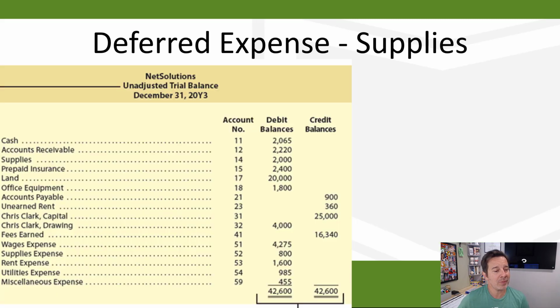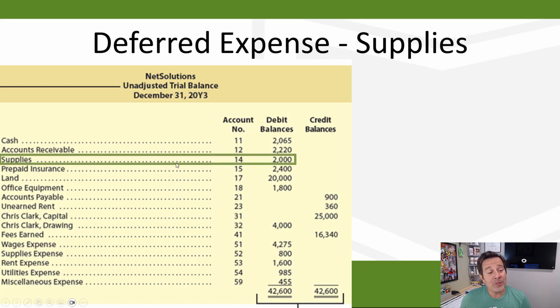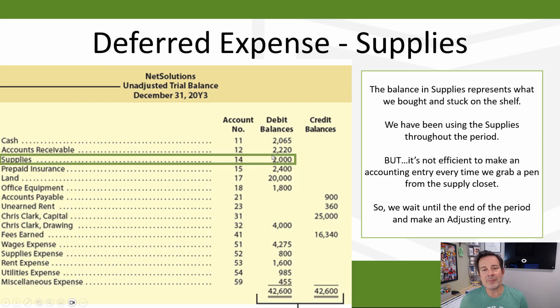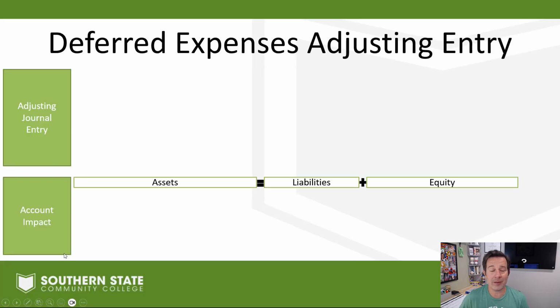There's our $2,000 on the unadjusted trial balance in supplies. Again, we need to make an entry that shows we've taken supplies out of supplies and used them up. We're moving the amount we used out of the asset balance to the expense account.